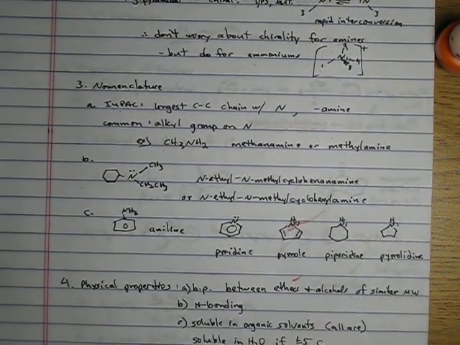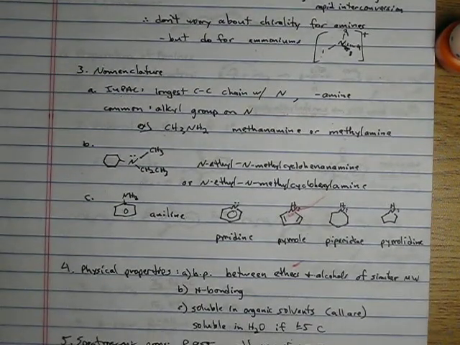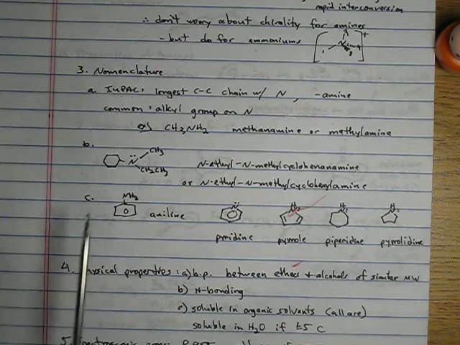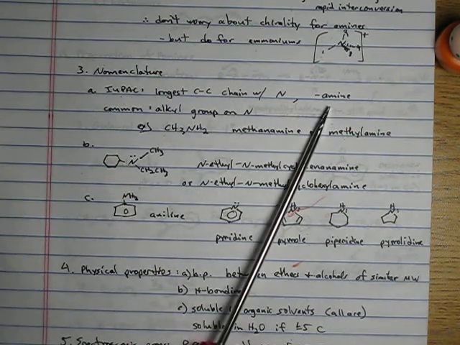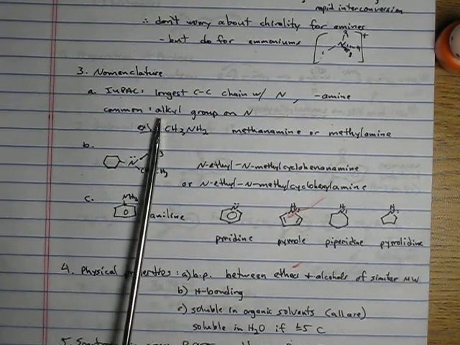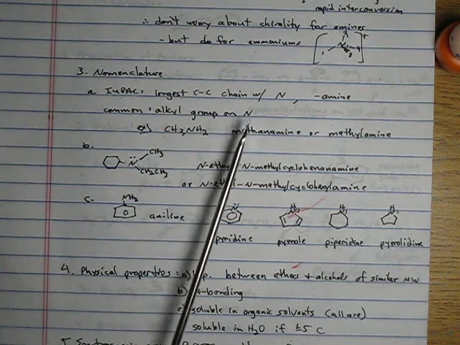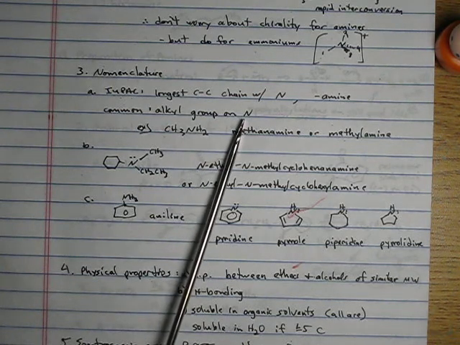Okay, let's look at the nomenclature of amines. In IUPAC, always look at the longest carbon-carbon chain and then add amine to it. Common, you look at the alkyl group on the nitrogen. So very similar to naming alkyl halides and whatnot.